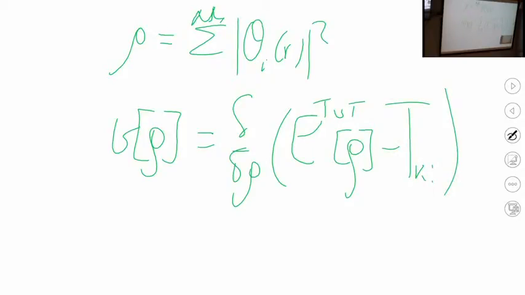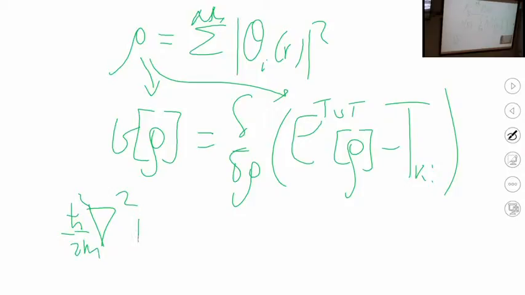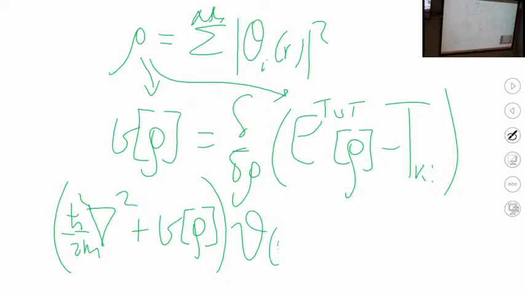And then this becomes, whatever, kinetic energy plus external potential that depends on density applied to unknown orbital gives orbital.